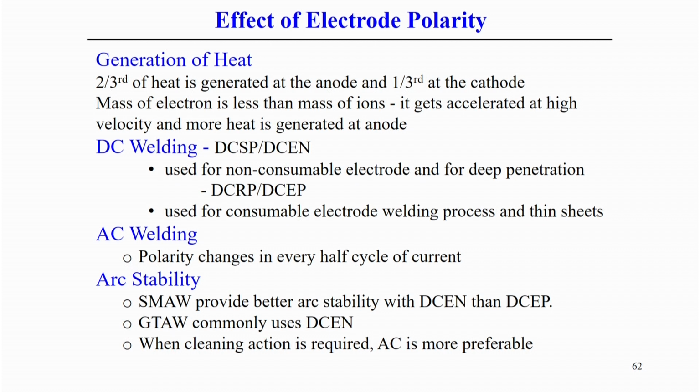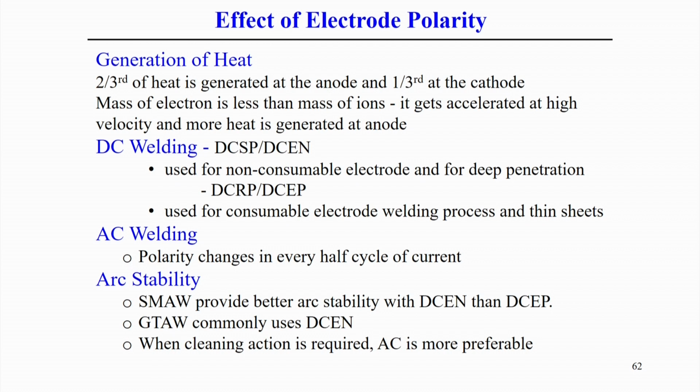To understand the polarity of the electrode and the workpiece, we need some basic idea of how we can link the polarity to the generation of heat. If we use direct current and consider the electrode negative and the workpiece positive, the flow of electrons comes from the electrode to the positive workpiece.